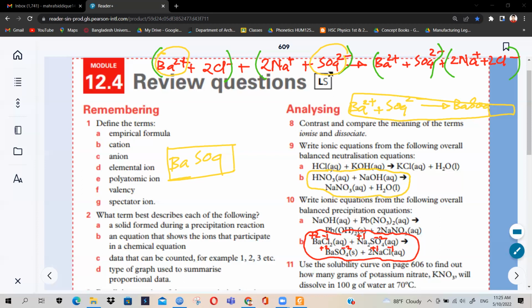Okay, tell me when you're done. Consider nitrate as a composite ion.